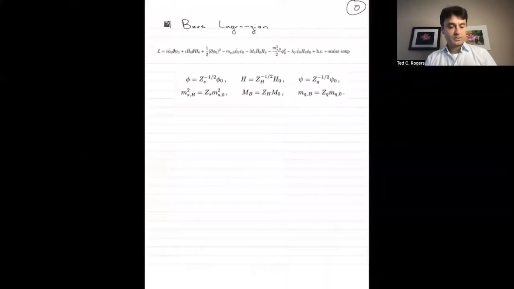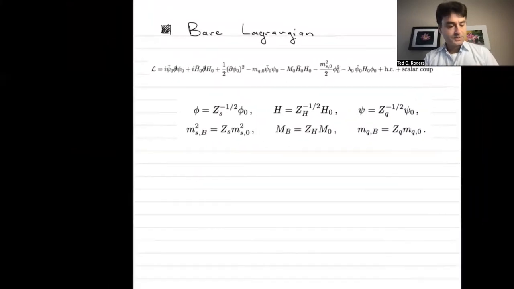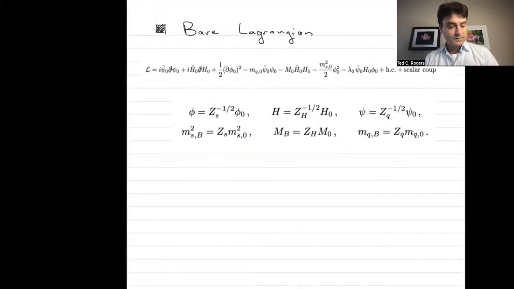So the Lagrangian for the theory, I've written it right here. The Lagrangian density has all the elements you should expect to see. I've got actually two fermion fields here. One of them is labeled by psi, and one of them is labeled by a capital H. I have in mind that H is our stand-in for like a hadron field, and psi will be kind of like our stand-in for a quark field.